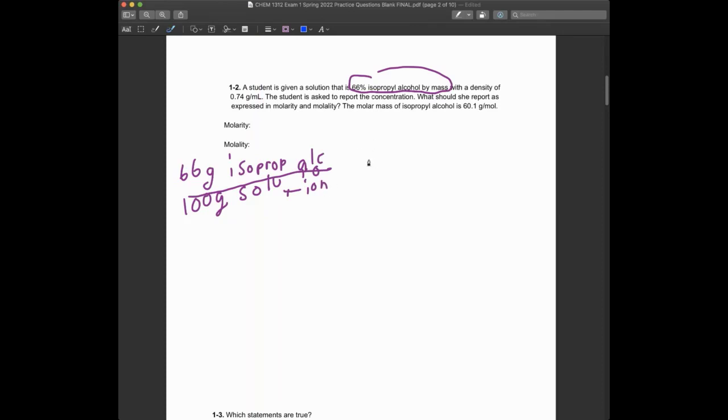Okay. What's going to happen is let's first remind ourselves what is molarity, right? So we know that it's mole of solute over liters of solution. Okay, so where is our solute, you may ask? Well, you can say that the moles of solute is going to be your isopropyl alcohol because you're dissolving the isopropyl alcohol into the water.